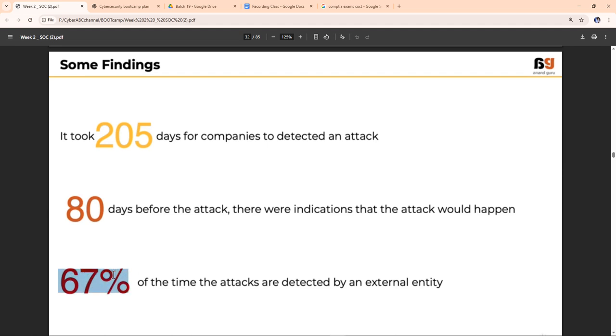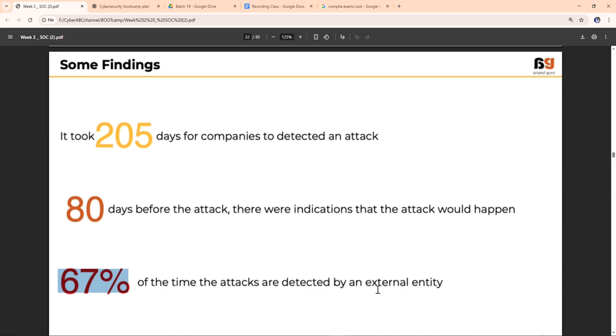Then, 67% of the time, the attacks were detected by an external entity, not even the company itself. So we are seeing a state of blindness, or rather, a state of Armageddon.